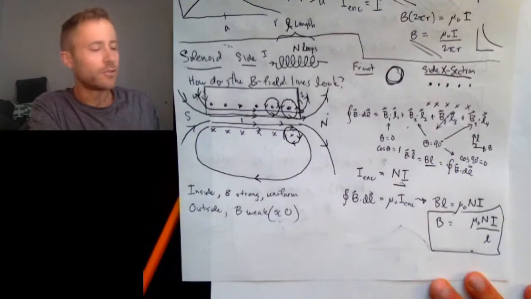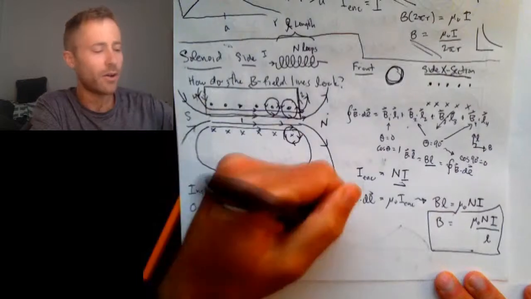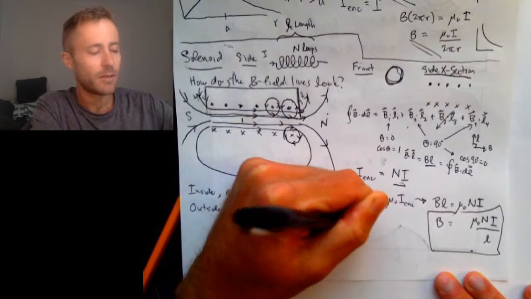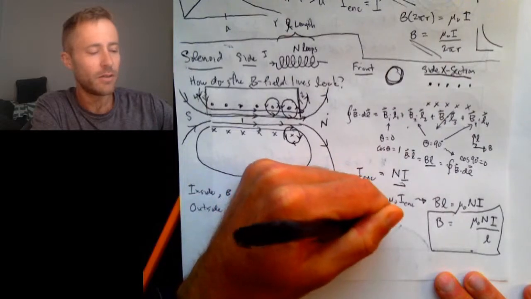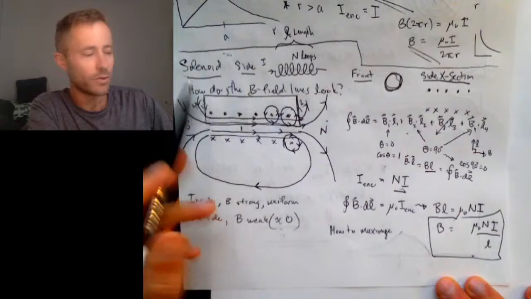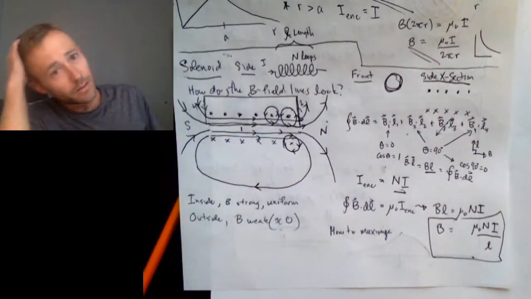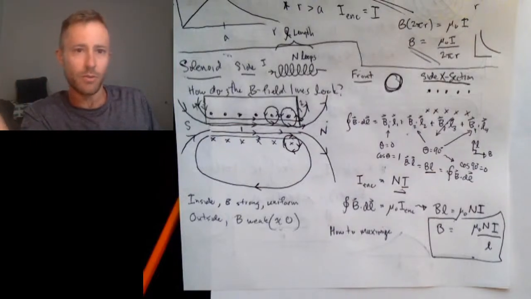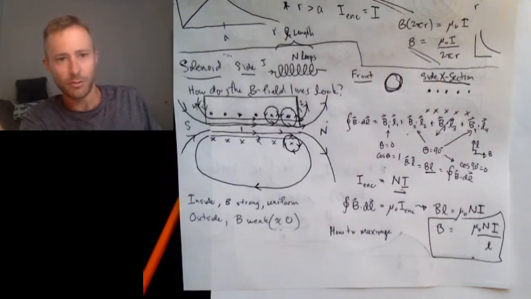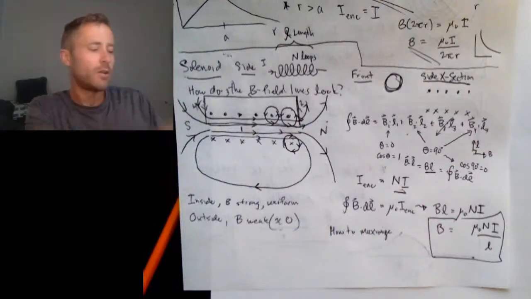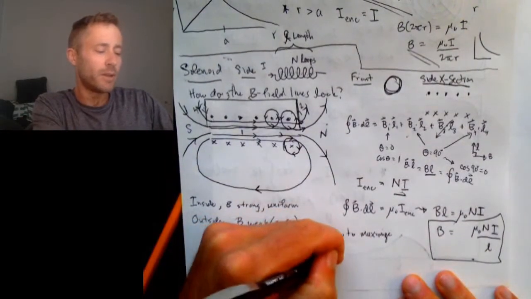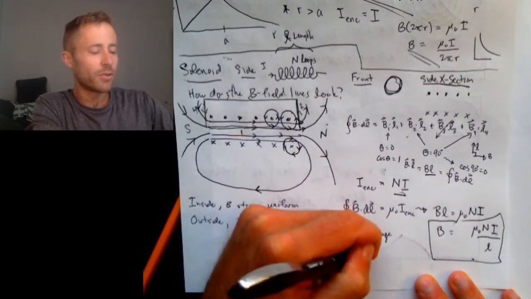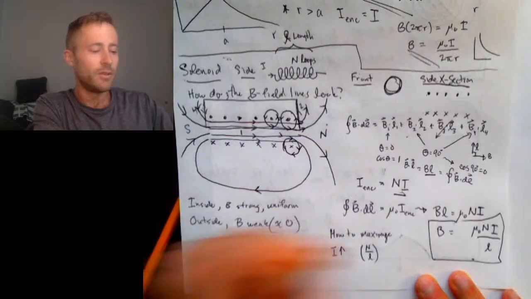A question is, how do you maximize the magnetic field? This kind of geometry, a solenoid geometry, is essentially what an electromagnet is. So how do we maximize the magnetic field produced by an electromagnet? We want the current to be big, and we want the number of turns per length to be big.